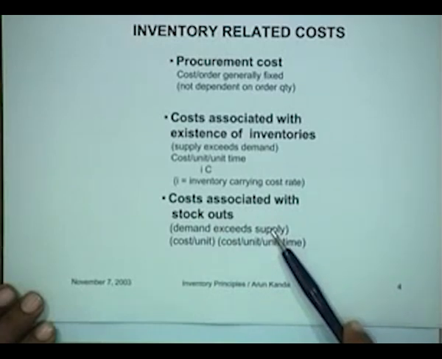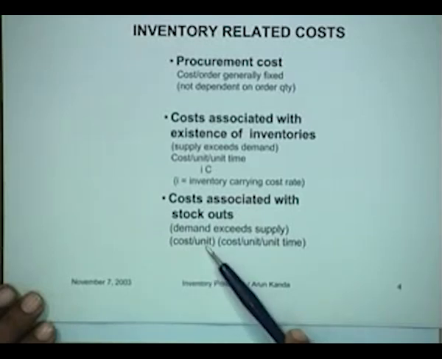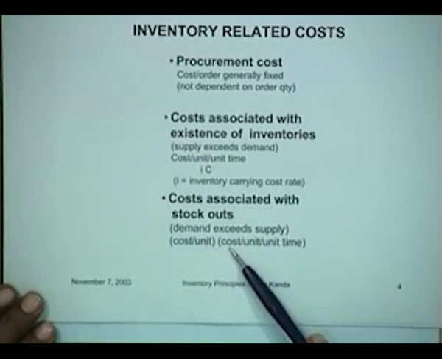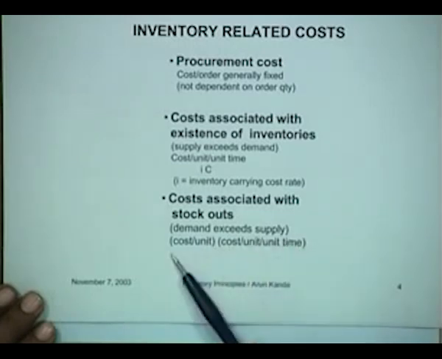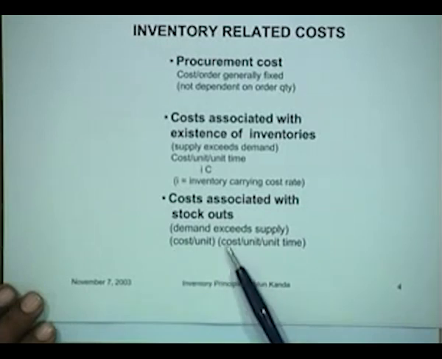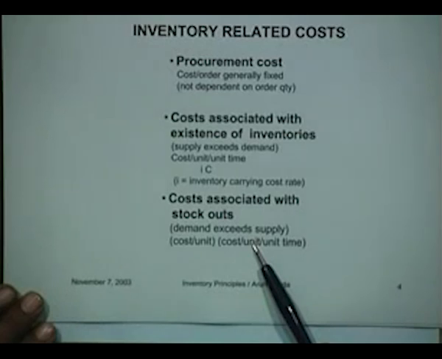You don't have the supply available. So the typical way of handling these costs could be in the nature of either cost per unit or in terms of cost per unit time. This would typically depend upon whether you are dealing with a lost sales or whether you are dealing with a back ordering situation.